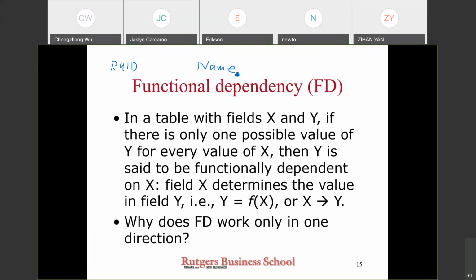So, in other words, a particular student will have only one name. So, in this case, name is functionally dependent on RUID.